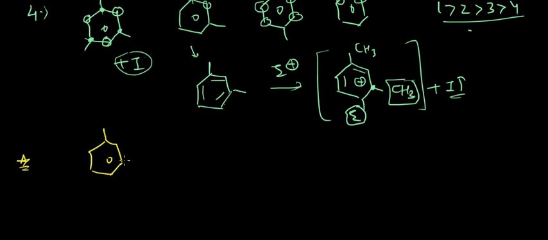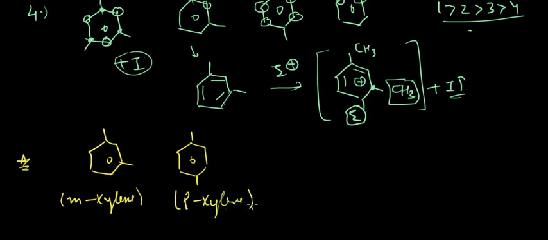This is metaxylene and this is paraxylene. So we saw this case in metaxylene. First of all let me also draw the structure of the intermediate that would be there in case of paraxylene. So we have something like E here and CH3 here.